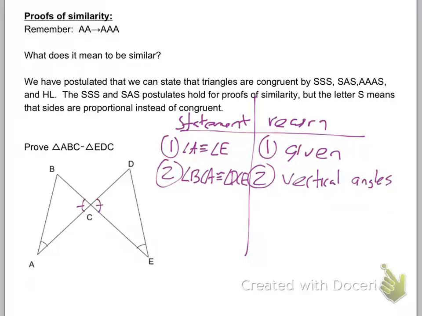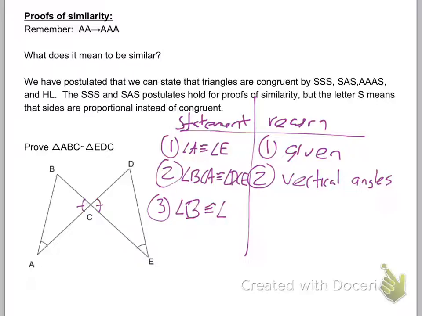Now, we know two of the angles. What can we state now? Angle what? ABC. Actually, do I need to use three letters now? Can I just say angle B? Can you use not two, but one. Why can I use one this time, but last time I used three? Because you didn't know what C you were talking about.